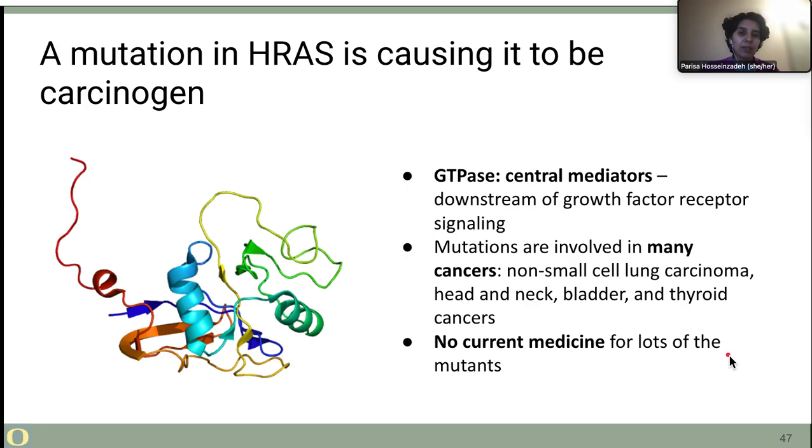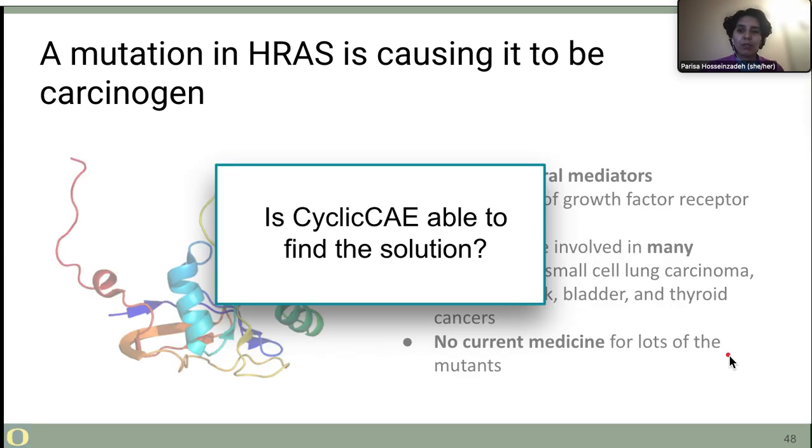Mutations in HRAS are involved in many cancers, such as non-small cell lung carcinoma, head and neck, bladder, and thyroid. Unfortunately, for many of these mutants, there's no current medication. So the question was, can we use cyclic K?